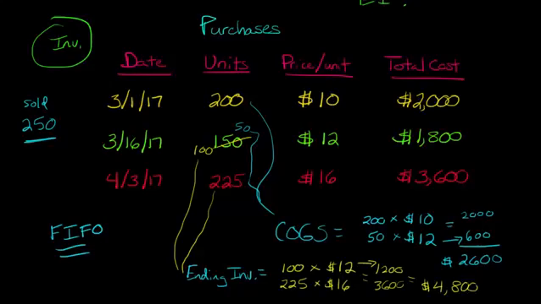Now, just one final note, in a period of rising prices, which is what we have here, right? We have over time, the price we're paying for the shirts is getting more expensive, right? It went from 10 to 12 to $16, and that often mimics the real world where we have rising prices, right? There's inflation.